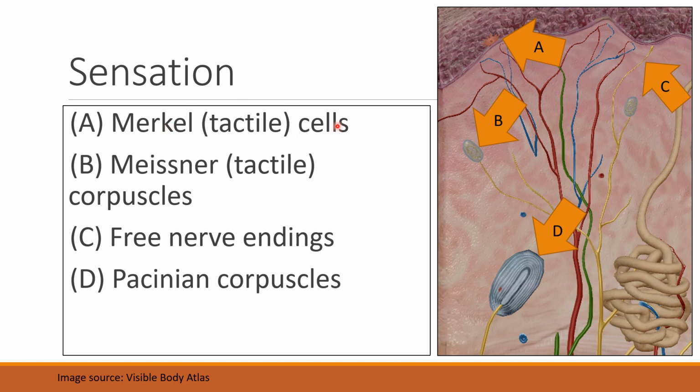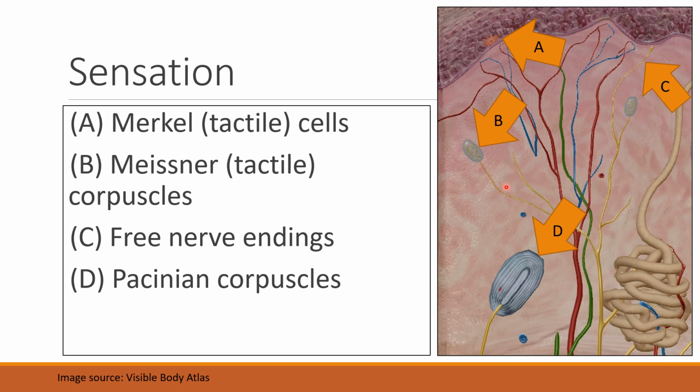Now look at this A and B. Merkel and Meissner both start with the letter M. They both sound alike and look alike. They're also called tactile cells, like a Merkel tactile cell and a Meissner tactile corpuscle. Remember, tactile is just touching things, right? So both Merkel cells and Meissner corpuscles have to do with the sense of touch. It's just that they're in different areas of the skin.